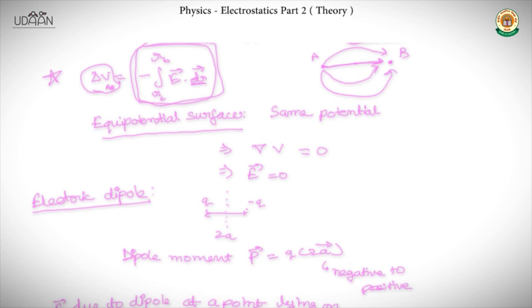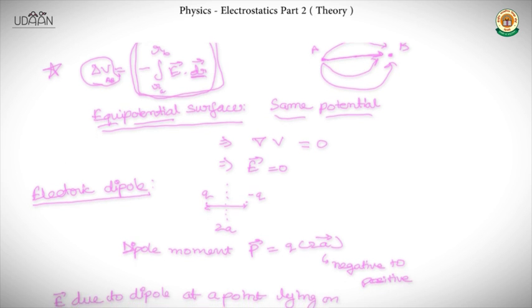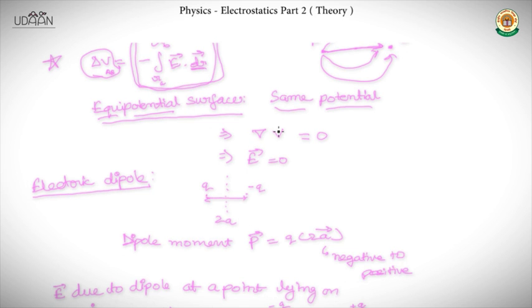So what are equipotential surfaces? As the name suggests, equipotential means same potential, equal potential. Whenever you have surfaces at equal potential, then if you travel along it, between any 2 points, the gradient of V will be equal to 0, since it is equipotential, the same potential.